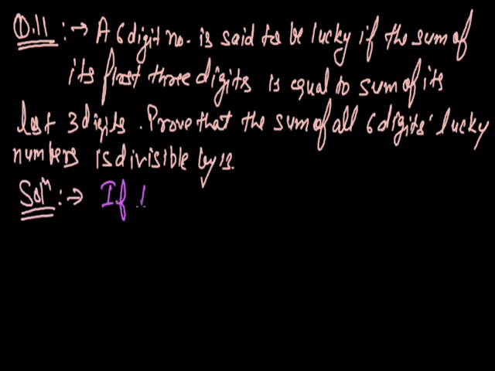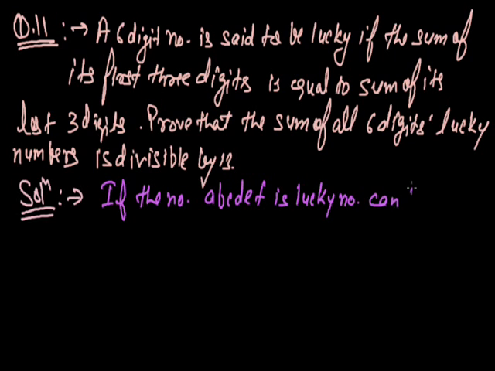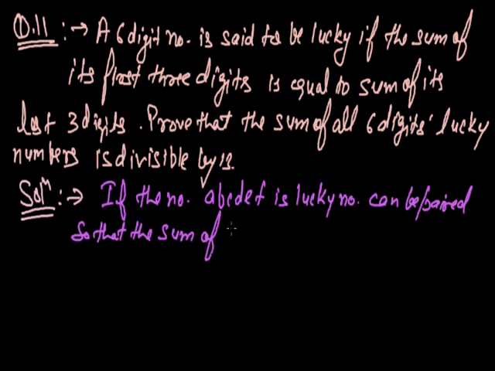Let us suppose the number ABCDEF is a lucky number. Now this number can be paired so that the sum of each pair is 999999.